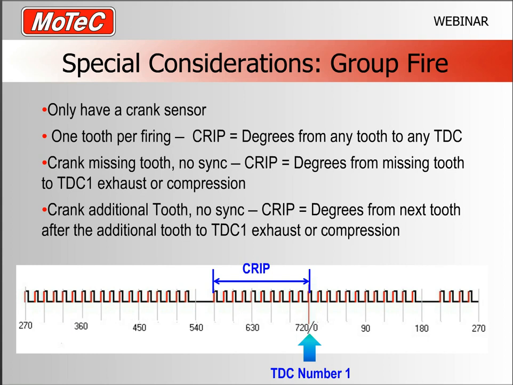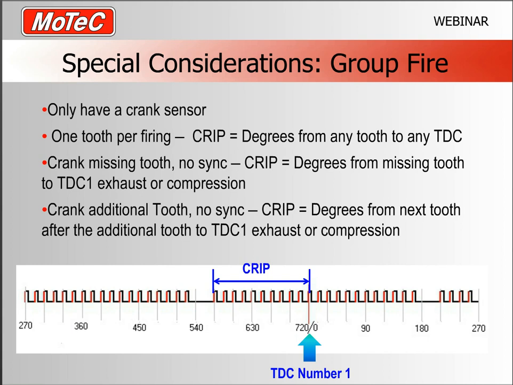One is where we have maybe one tooth for every firing. Early 4-cylinder engines may have only had 2 teeth on the crank. Your CRIP is simply how far one of those teeth is before top dead center. These engines will all have a distributor and the injectors will fire together, so it's a very simple pattern.